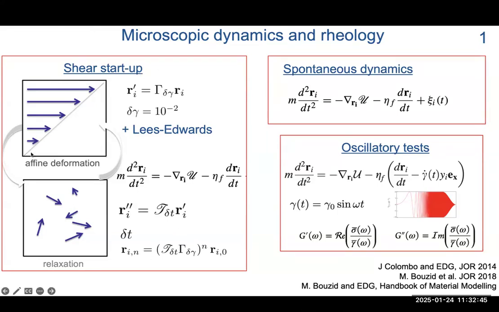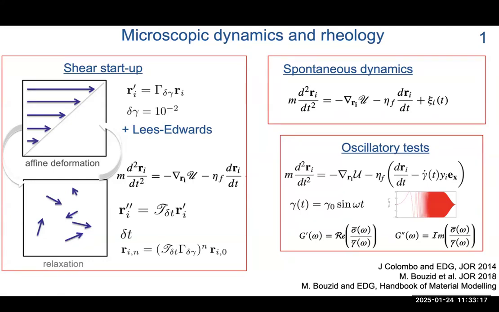On the left, I have a very simple way to apply a continuous shear, which I like very much because it allows me to think in a very abstract way about the deformation process. We take the configuration of the particles and apply an affine deformation, a shear deformation, to everybody. We displace every particle as if it was moving affinely with this shear deformation, but by a tiny step.